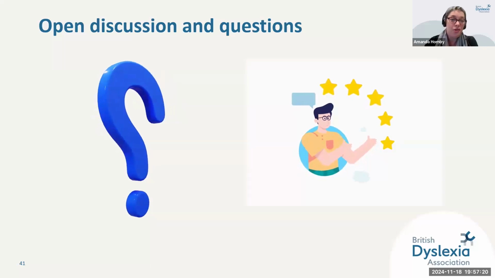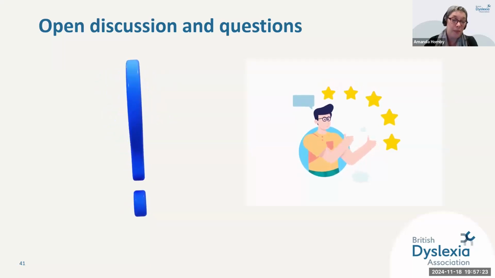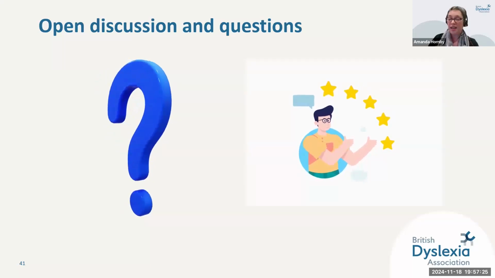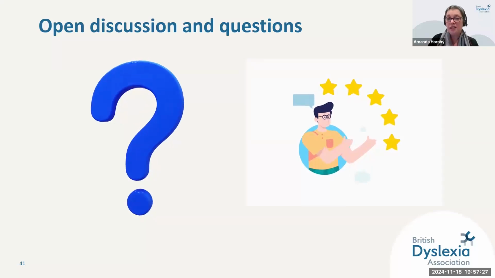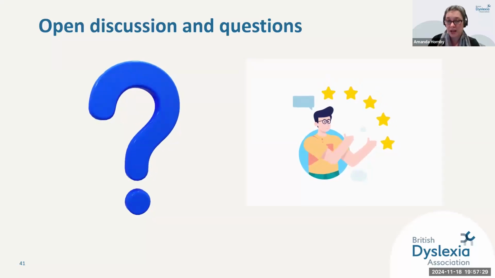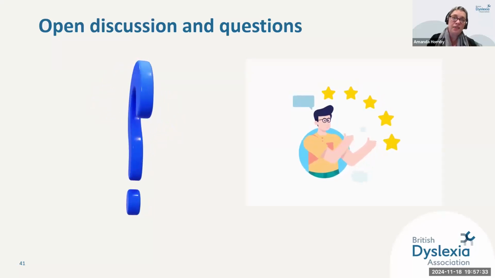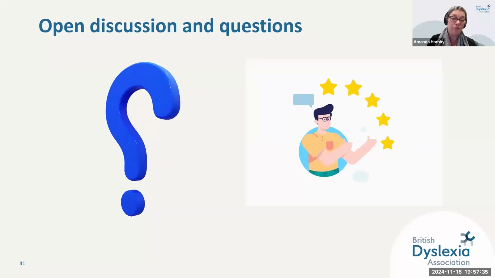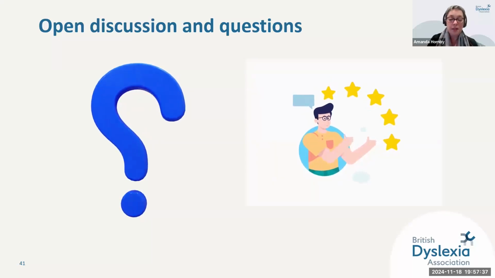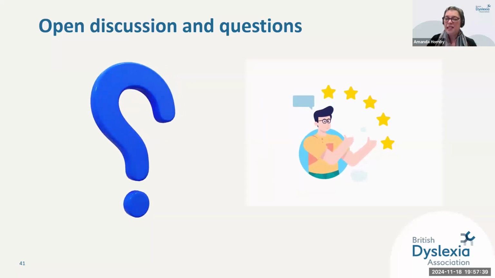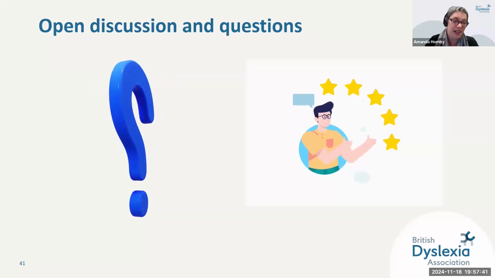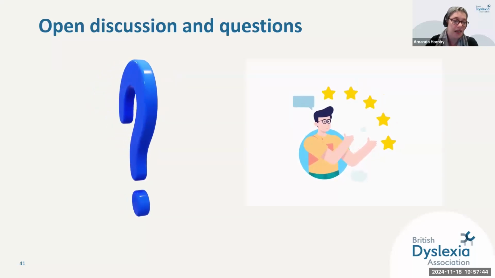It's very similar to having a scribe, isn't it? I used to be a scribe in my exams in my school, and the child would tell me the sentences that they wanted me to write, and I would have to write it for them. Instead of having that member of staff sat next to them, they're able to do it independently. And they're able to send in a digital copy.